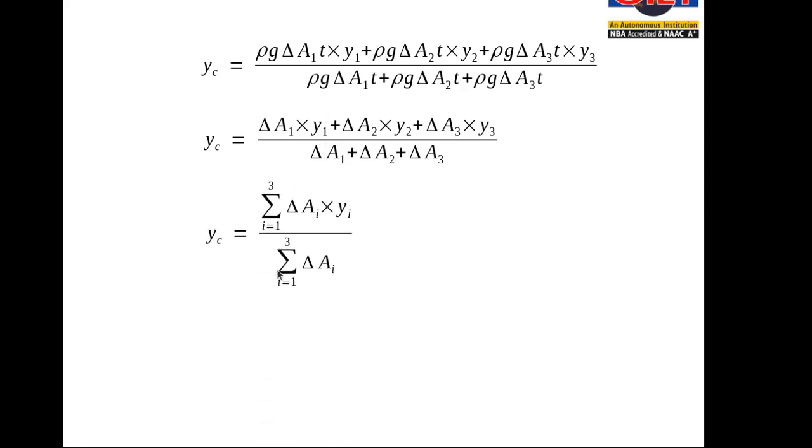So if I use a simplified notation, yc can be expressed as summation over i from 1 to 3 delta Ai into yi by total area.